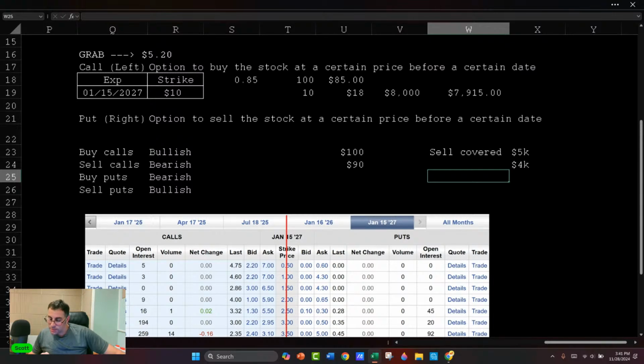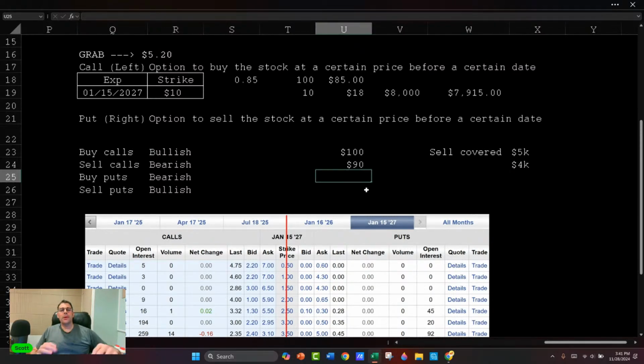Actually, we normally sell puts on stocks we are bullish on and wouldn't mind owning. Yeah, I'm with you. I feel like with options, when you sell covered calls, or what you're saying, cash secured puts, you're earning premium.